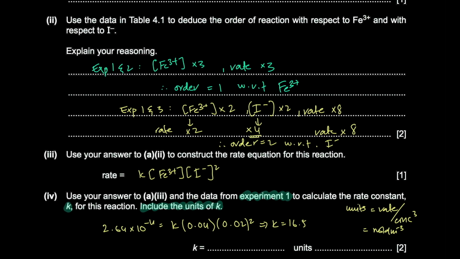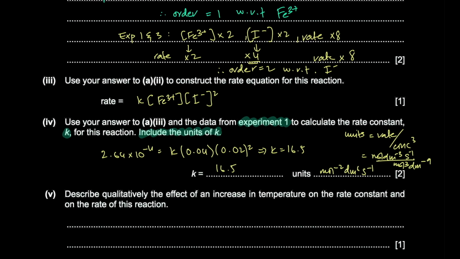The units for rate are moles per dm cube per second divided by mole cubed dm to the power of negative 9. So we get k is 16.5 and then moles to the power of minus 2: 1 minus 3, minus 3 minus minus 9, so that would be dm to the power of 6 per second. So that's your answer.